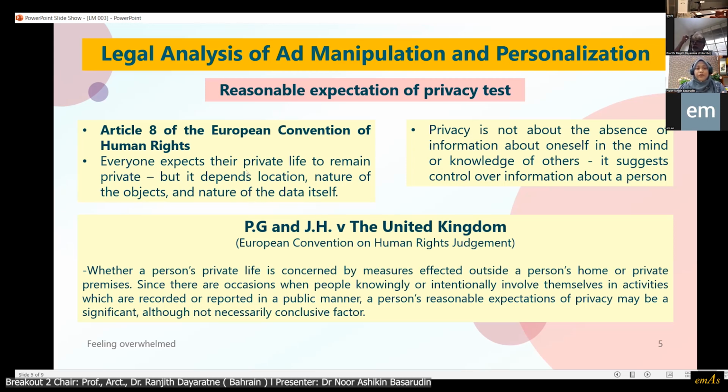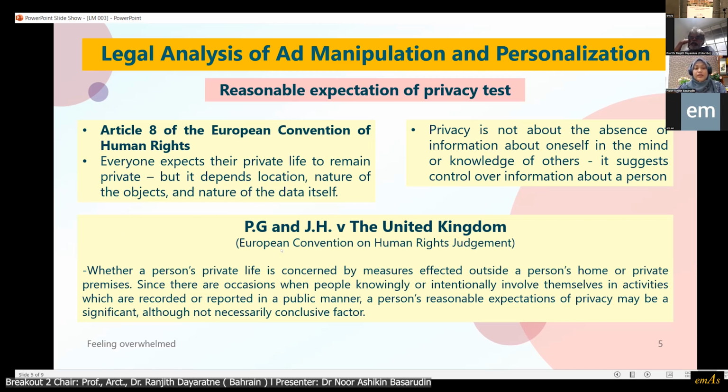So when we refer to location, for example, if we are outside the home, at a shopping mall, or on the pavement where there is camera surveillance, we cannot expect our privacy to be protected. So that depends on the location.